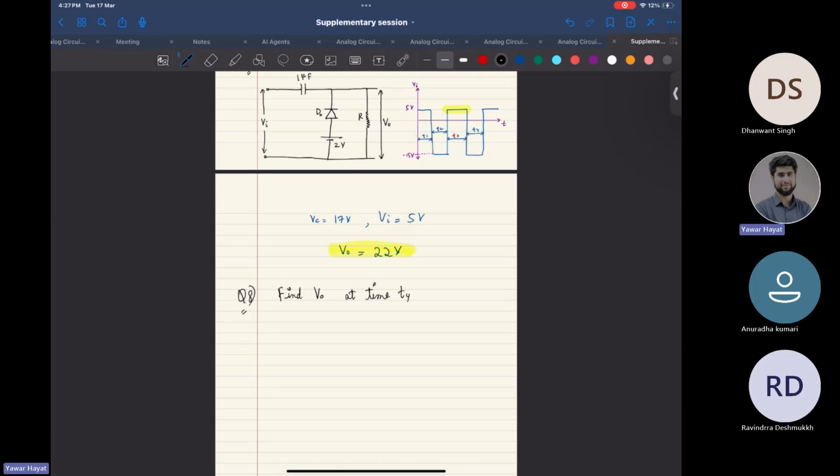At time T4 now, my V input would be minus 15 volt, correct? Also my diode would now be turned on, right? Diode would be turned on.